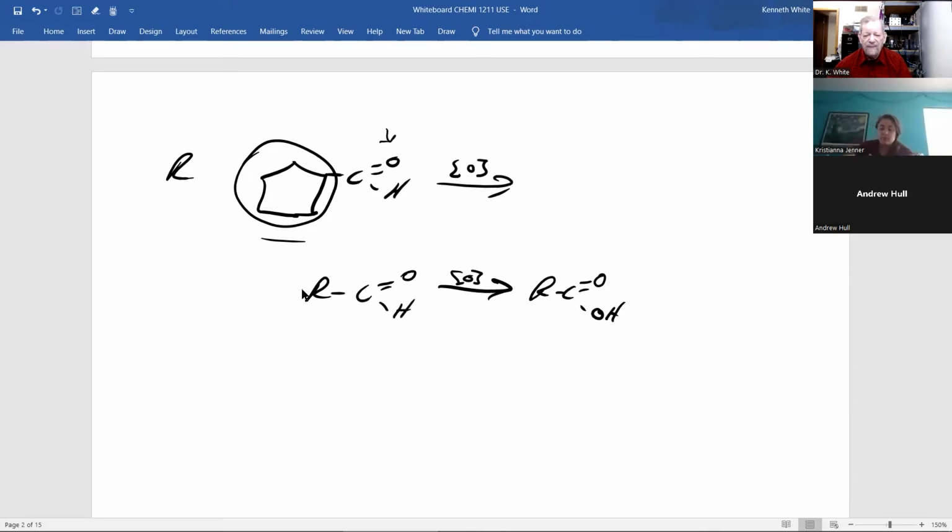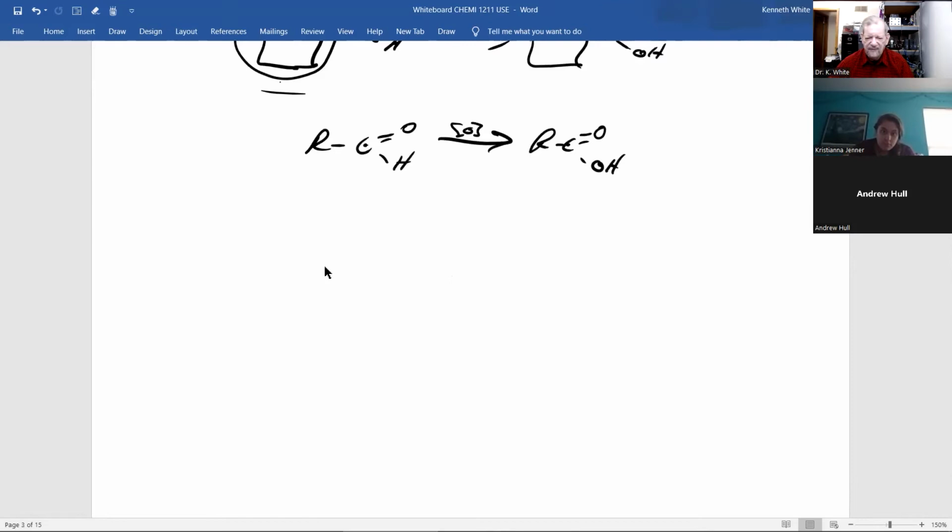And now, what's my R group? Cyclopentane, since I don't break carbon-carbon single bonds. That will be attached to this carbon, and I'll have a hydroxyl group. And that's how you do it. Oh, let's do one more.